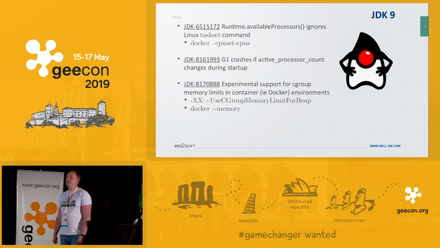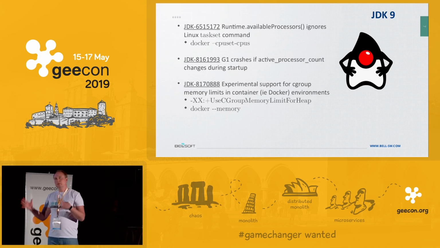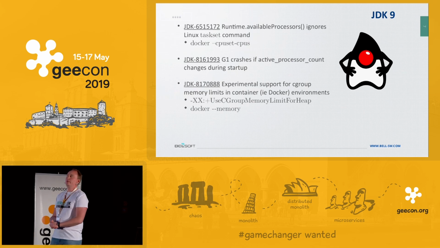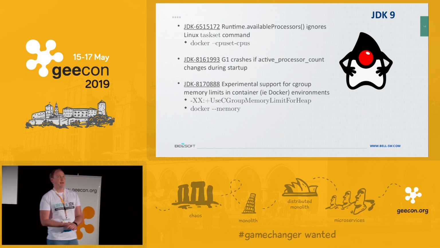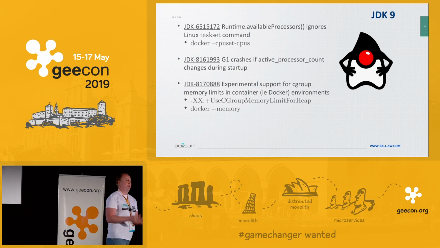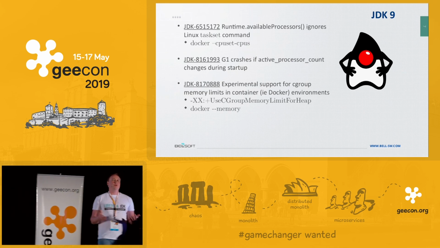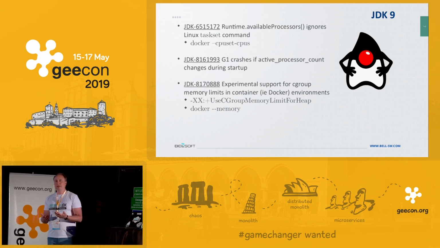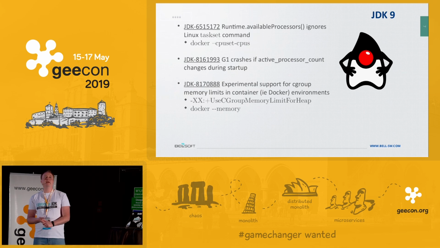But Java started to support containers not so long ago, starting from Java 9. And you can see that it all started with very basic things. There are two important resources that we sometimes limit when we start in containers: CPU and memory.